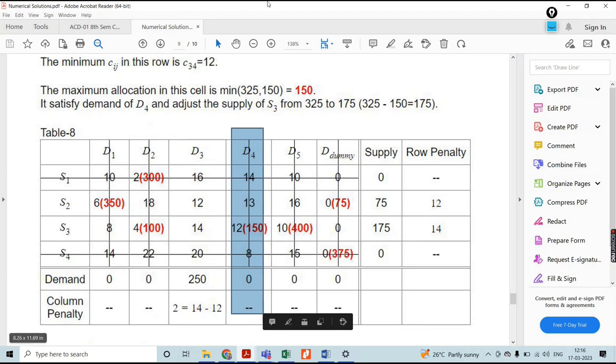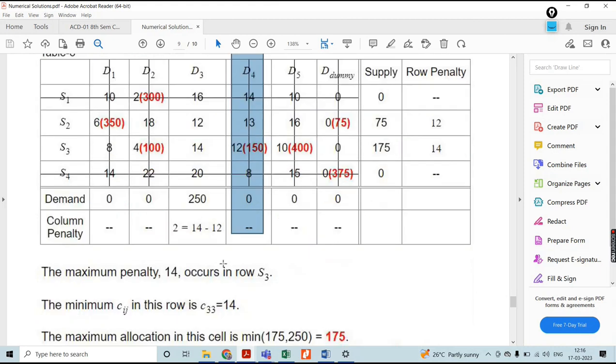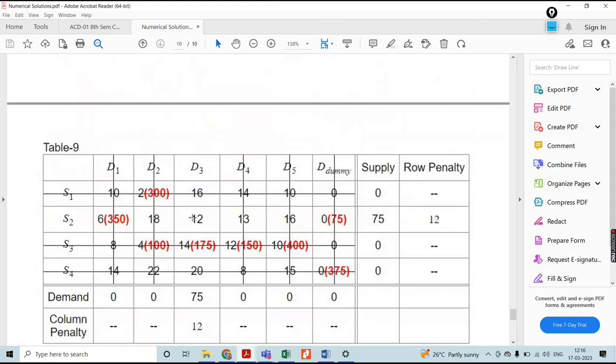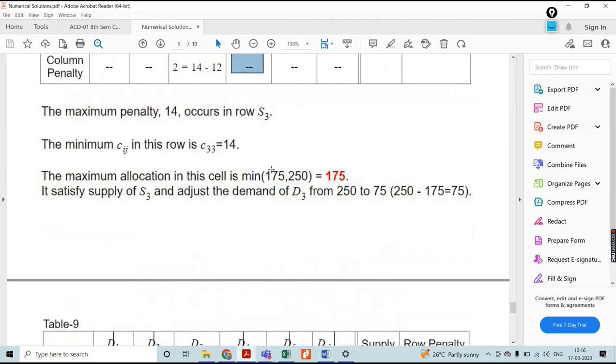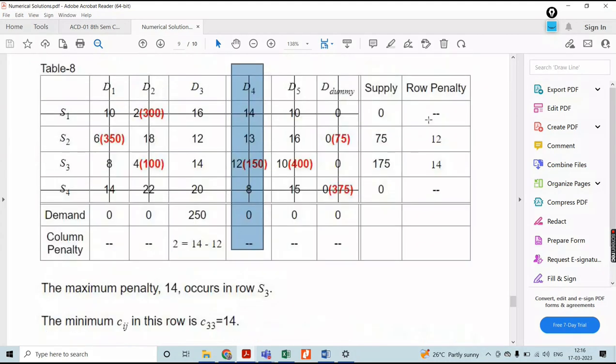Next, only one is left, that is 250, then 75. For this also you have to follow the same procedure. Again 12, then 12, both are the same or not. In this 12, then it is 14.